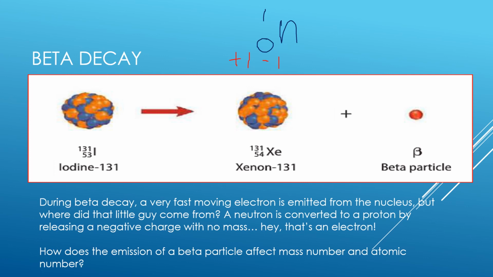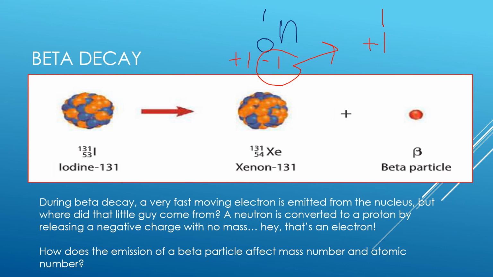If I take +1 and -1 and I add those two numbers together, I get an overall 0 or neutral charge. So what would happen if this neutron gives off this negative charge? If it goes away, releases it from that nucleus, what I end up with now is still a mass of 1 on the top, but now instead of a neutral charge, I have a +1 charge there at the bottom.